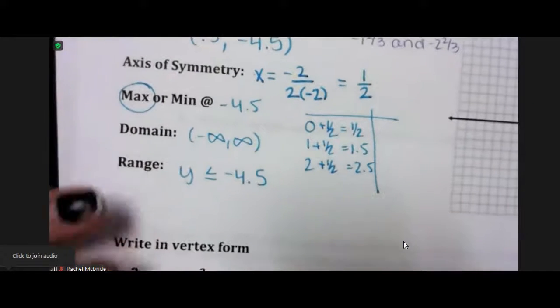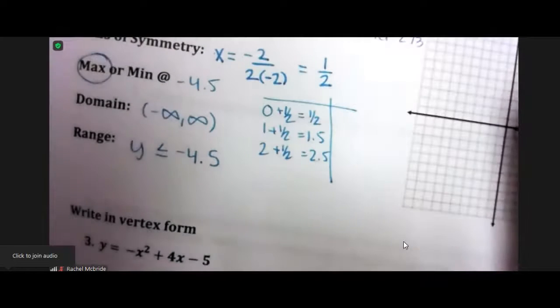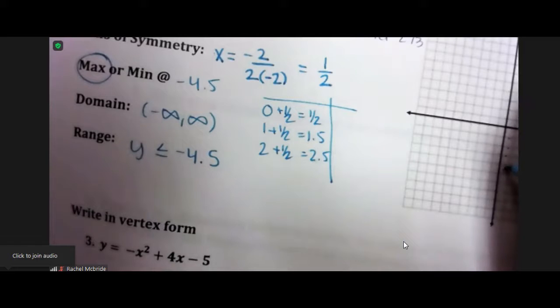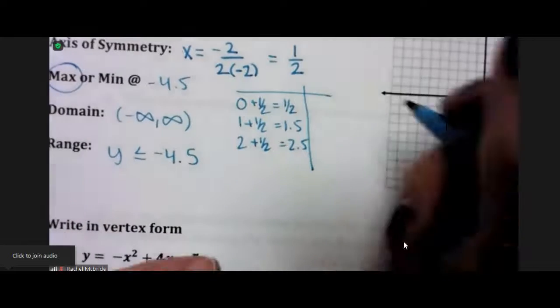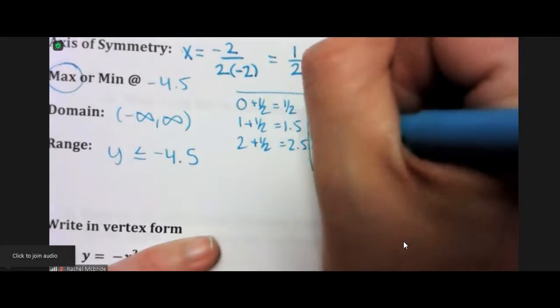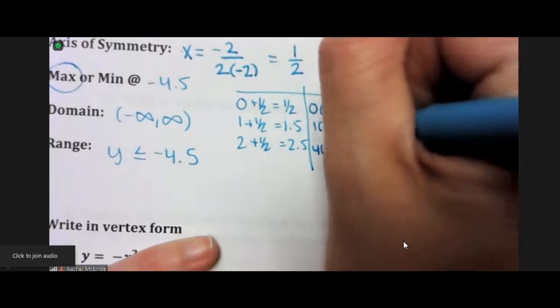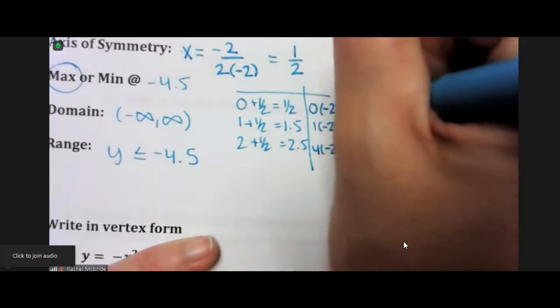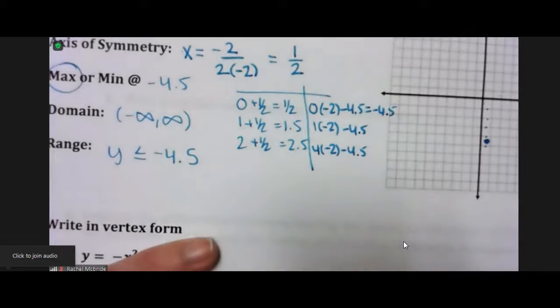Creating your vertex, you have 0.5, negative 4.5, and then plotting your additional points. So again, your vertex is at 0.5, negative 4.5.